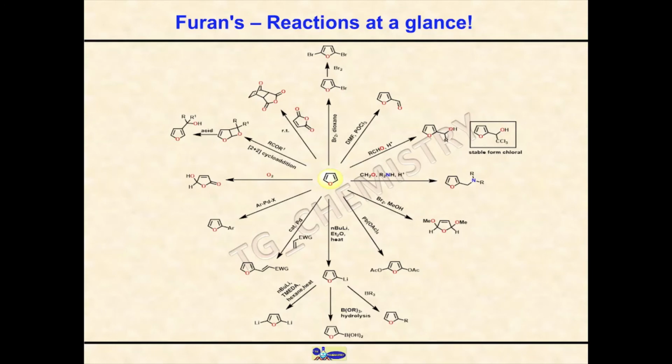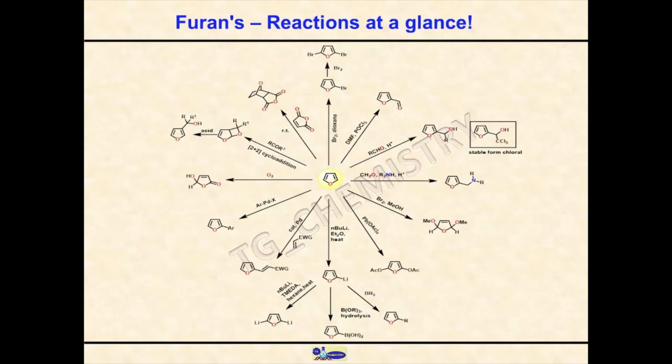Here are summarized several reactions of furans at a glance. You can see over here all different reactions have been summarized in a single slide so that you get more information from this slide.